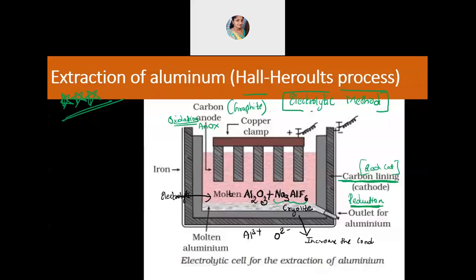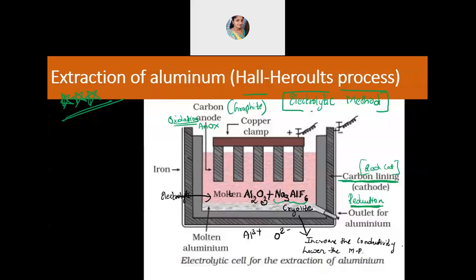You want the reaction to happen faster. You want the movement of the ions to take place faster. So to increase the conductivity, this cryolite is added. And it even helps to lower the melting point of the mixture. So that is the function of this cryolite.